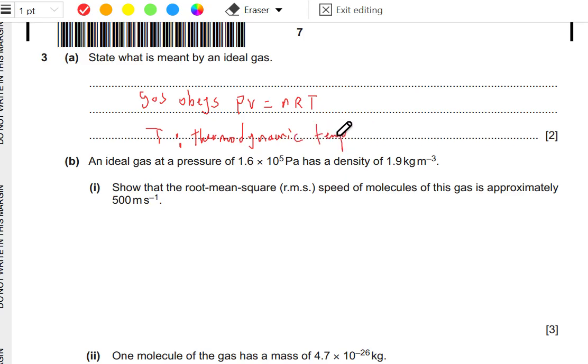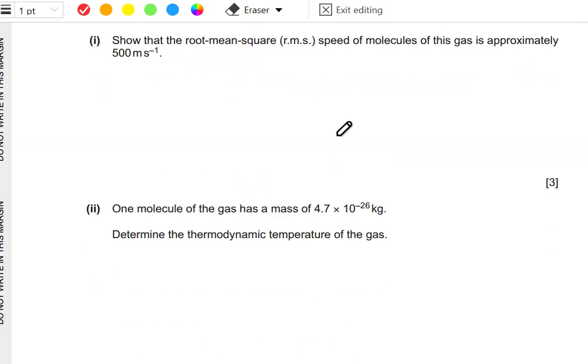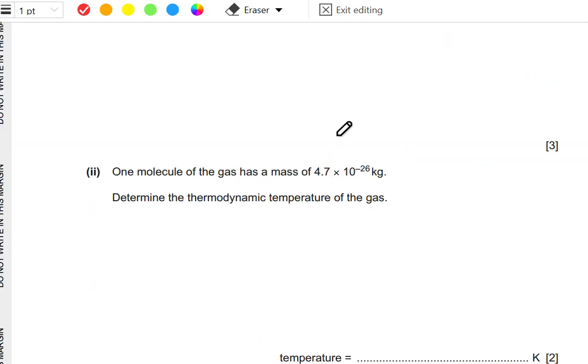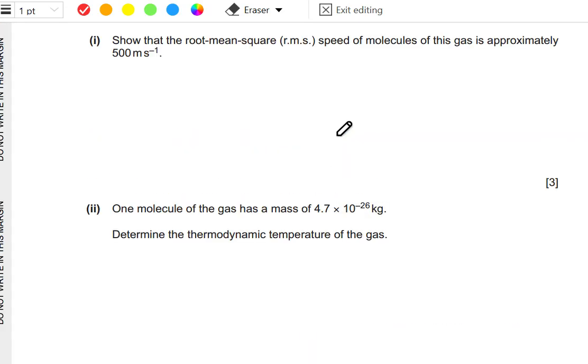An ideal gas at pressure 1.6 times 10 to 5 pascal has a density of 1.9 kg meter minus 3. Show that the RMS speed of molecules of the gas is approximately 500.